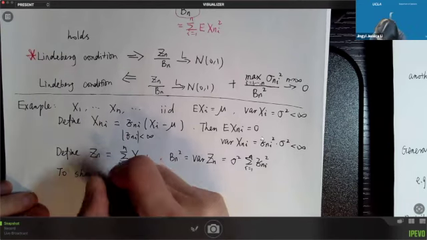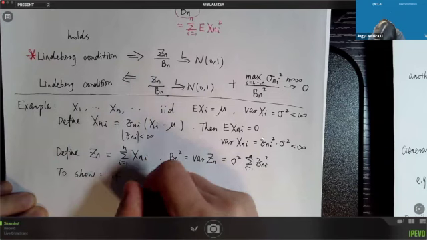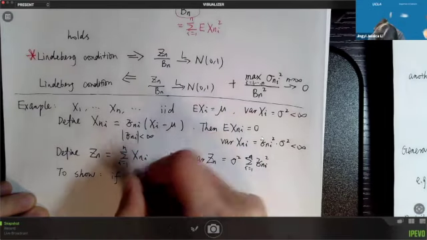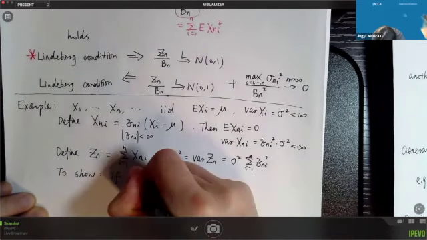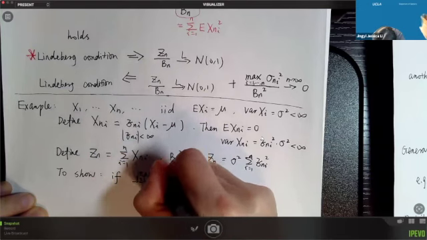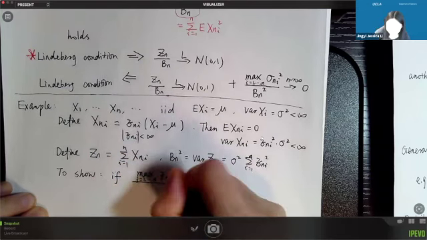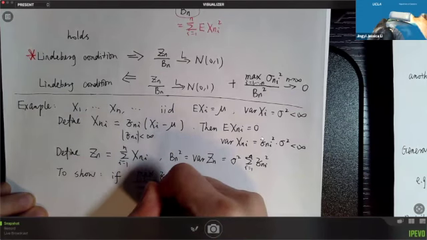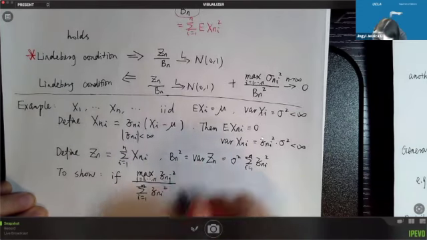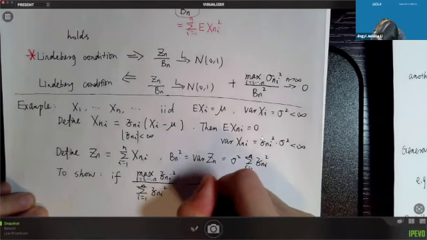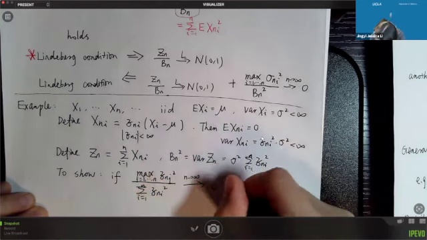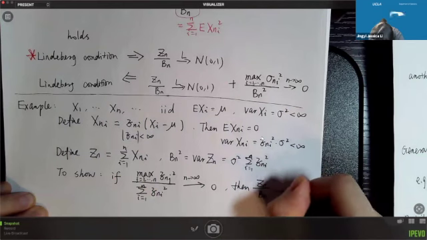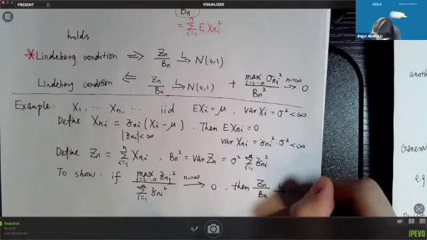If the maximum over j from 1 to n of Znj squared, the maximum Znj squared among the n terms, over the sum of the n terms, the sum of Zni squared, goes to 0 as n goes to infinity, then we would have Zn divided by Bn converges in law to standard normal.